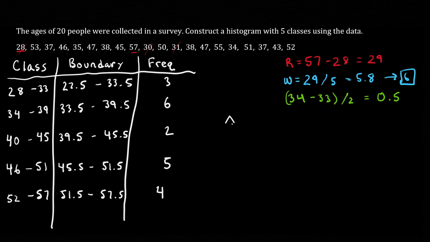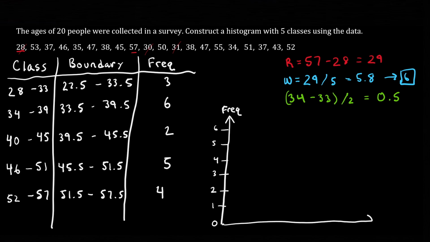Starting with our y-axis, which is frequency, we want to label this from 0 to 6. Then our x-axis. Normally we would start the x-axis at 0, but for simplicity, we'll start it at our lowest class boundary. So that will be 27.5.